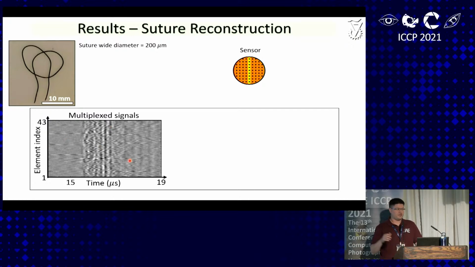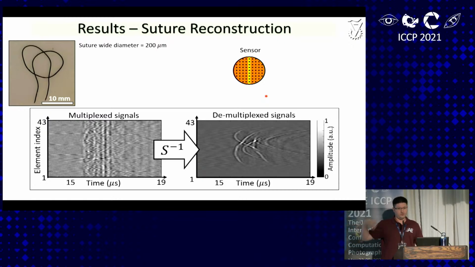Each line here represents the ultrasonic signal as a function of time. And again, it's 43 positions over this yellow line. And it's just a scrambled set of signals. You don't see any clear, understandable information here. Only after you perform demultiplexing by multiplication with the inverse matrix, you see clear, understandable sinograms that make sense to people who do optoacoustics.